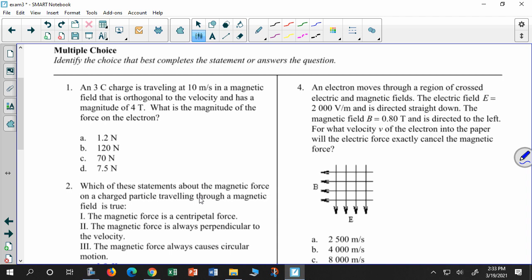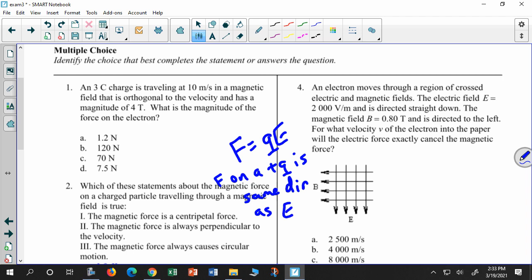Anyway, I want you to remember that F is equal to Q times E, and that the force on a positive particle is the same direction as the direction of the electric field. If I have an electric field in this direction, that's E. If I have a positive charge, it feels a force in that direction. That's from chapter 1 or 2 or whatever.